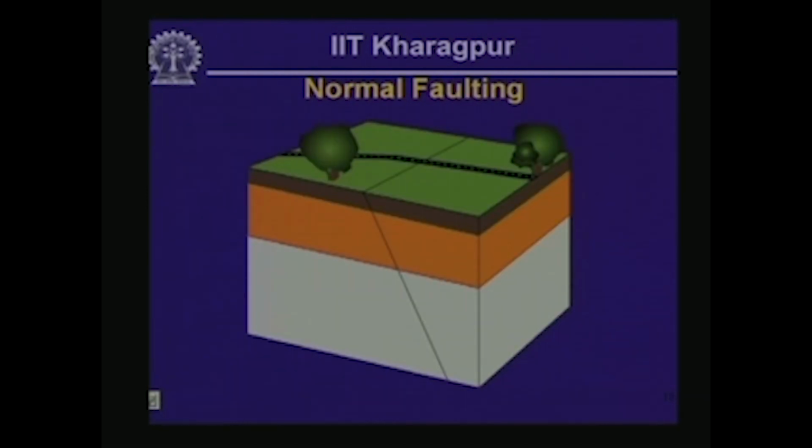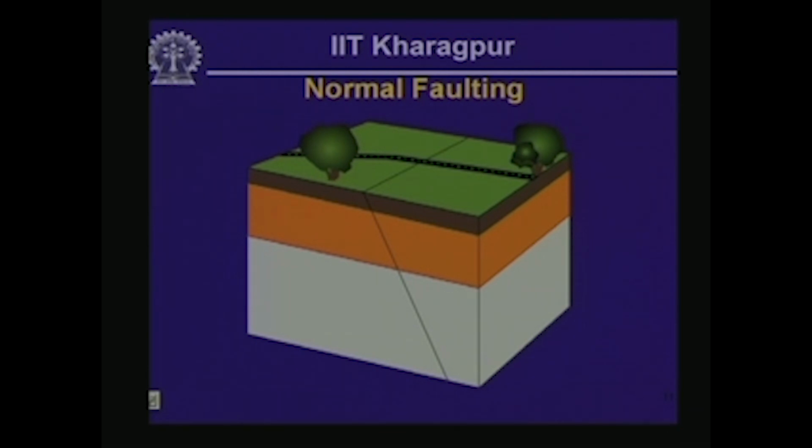Okay, so then let us look at the process of normal faulting. We know what a normal fault is from one of the very early lessons in this series of presentations.